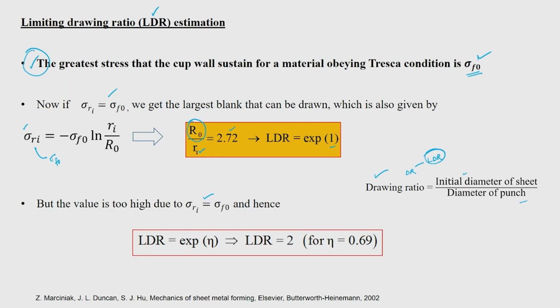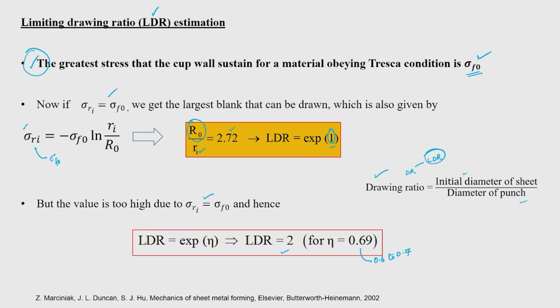Because of that, instead of this 1, I may slightly reduce it depending on my requirement. Let us say LDR is nothing but exponential eta. If you take eta as 0.7, I get an LDR of 2.